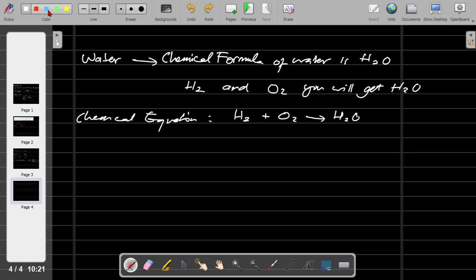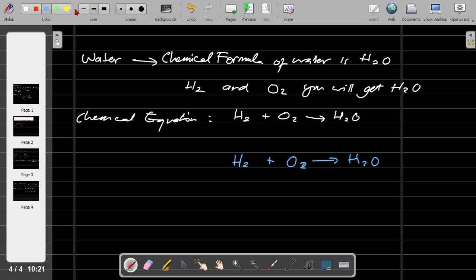Okay, so I will make it in another color. H2 plus O2 becomes water, or H2O. In the reactant we have 2 atoms of oxygen.